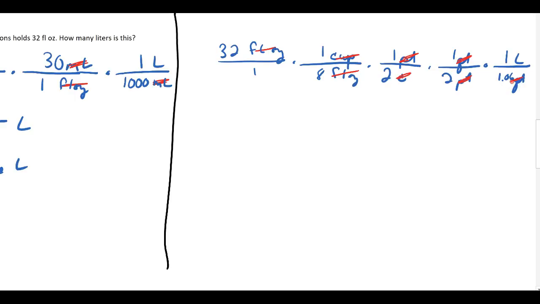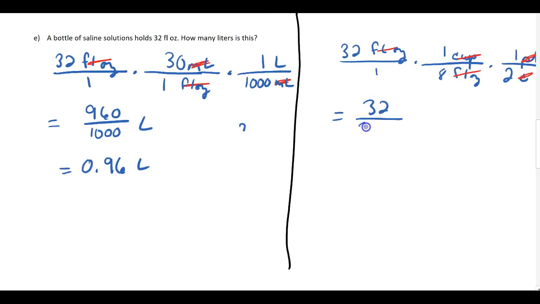Okay. Now I'm going to multiply across. 32 times 1 times 1 times 1 gives me 32 on the numerator. 8 times 2 times 2 times 1.06 gives me 33.92 on the denominator, and this is liters.